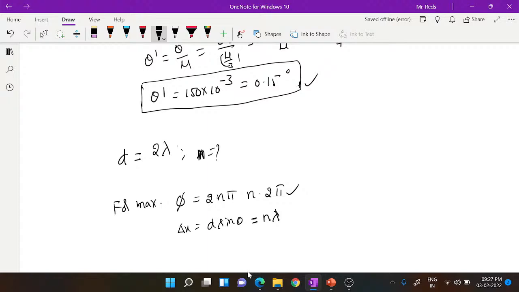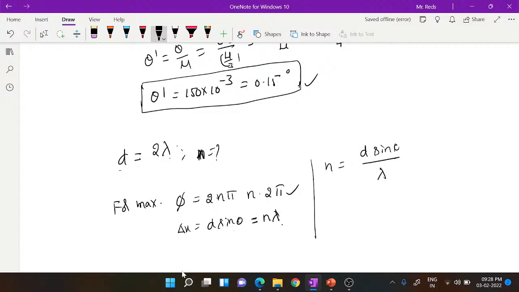Okay. So how many maxima will we get when d is equal to 2 lambda is the question. The condition for maxima is path difference d sin theta is equal to n lambda. So n is equal to d sin theta by lambda.